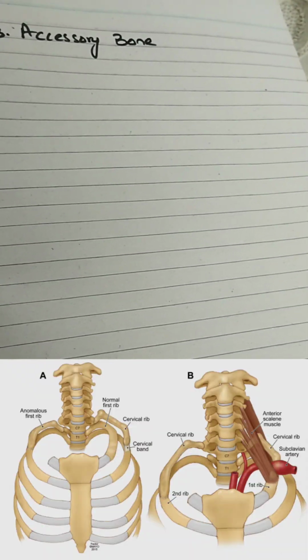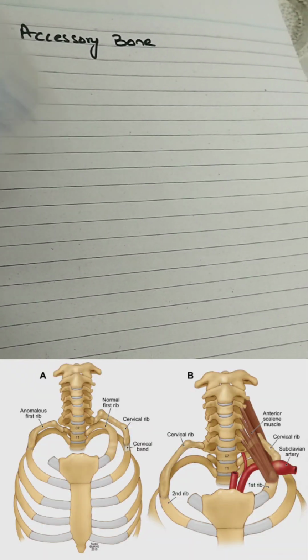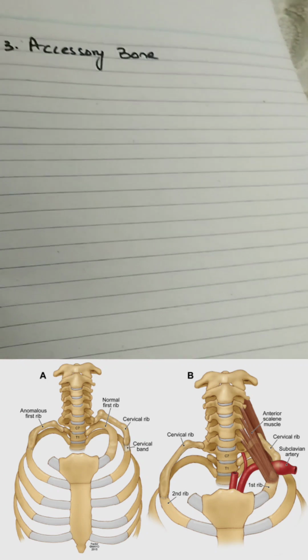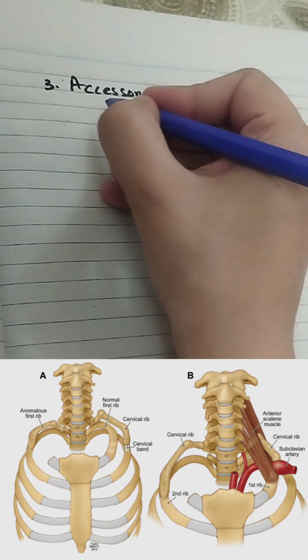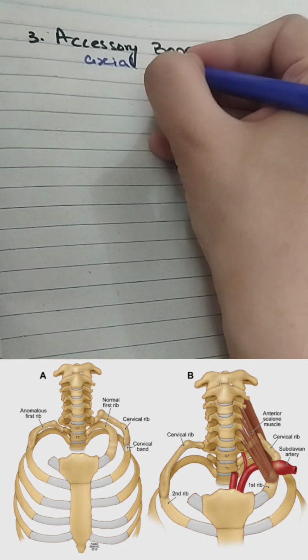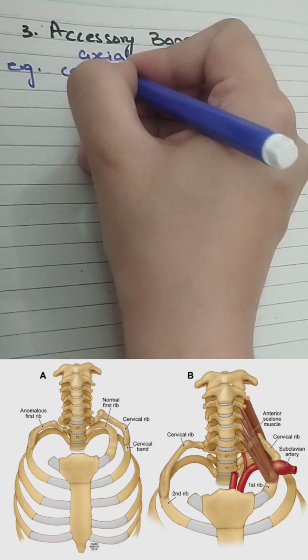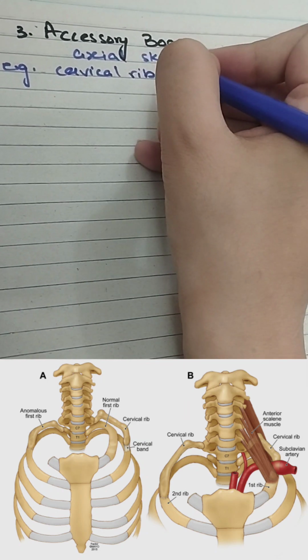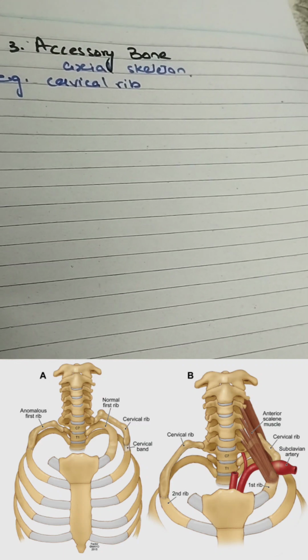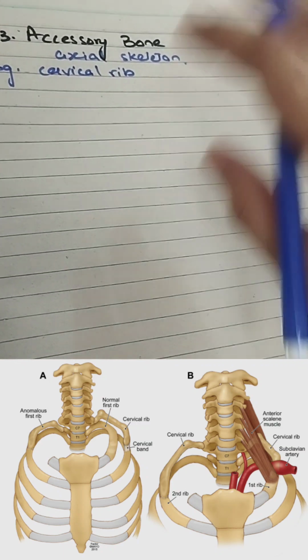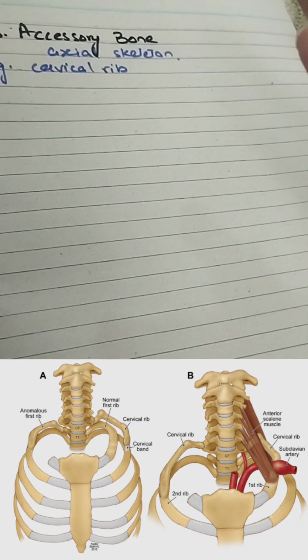Third class is an accessory bone. You can also put the accessory and supernumerary together if an MCQ is very confusing, and it is going to be fine. They're usually grouped together. But the difference between accessory and supernumerary bone is that accessory bones usually develop in regard to the axial skeleton. So for example, some people have an extra cervical rib, right? An extra rib above the first rib that usually compresses certain nerves and vessels and causes signs and symptoms.